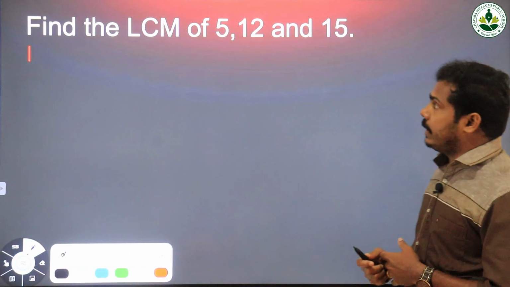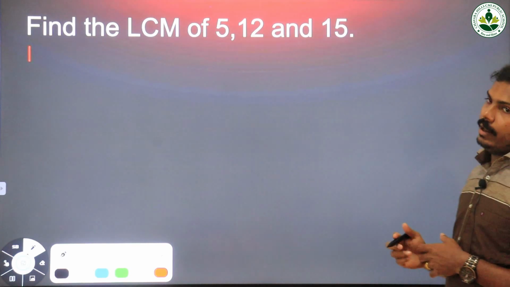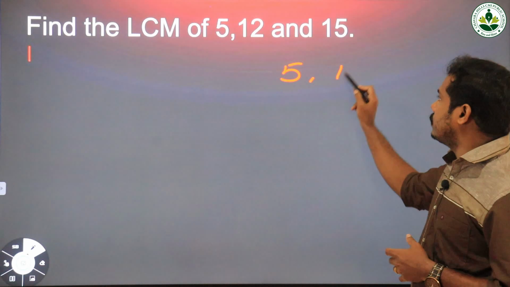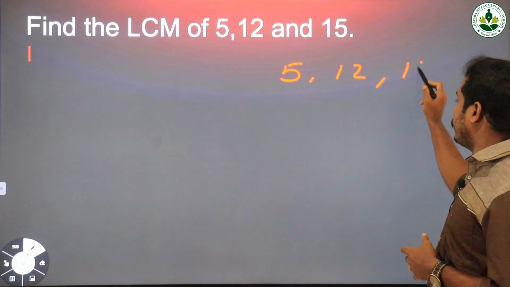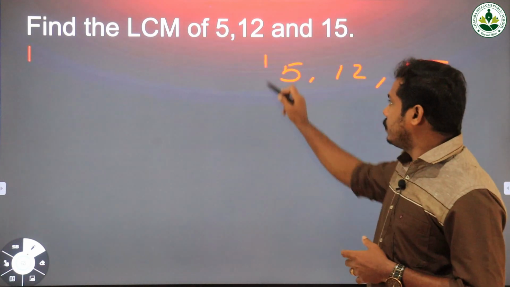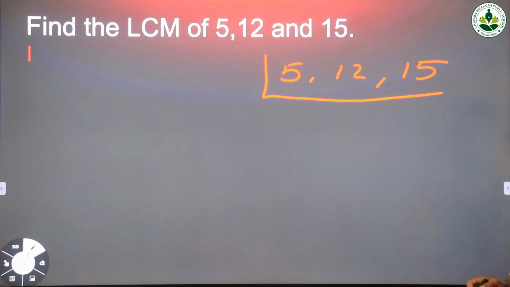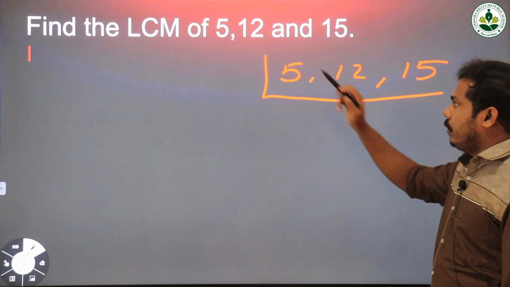Here we need to find the LCM of 5, 12 and 15. The first step is write the numbers together. That means write 5, 12 and 15 together and start dividing.